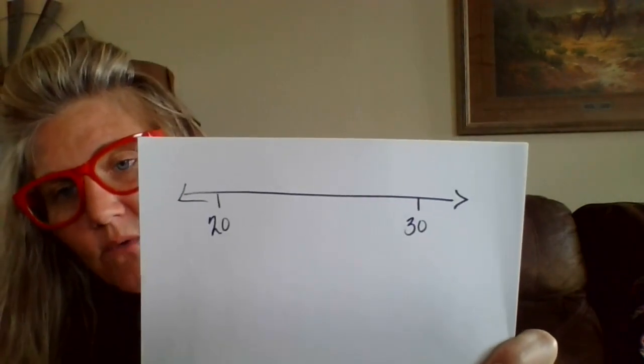So if you think of your number line and let's see here. How do I want to do this? Say that you have a number line and here's 20 and here's 30, okay? Here's your number line. We have 20 and we have 30.